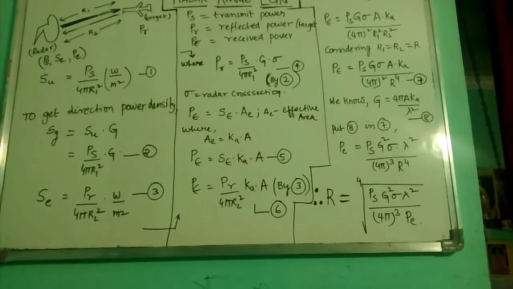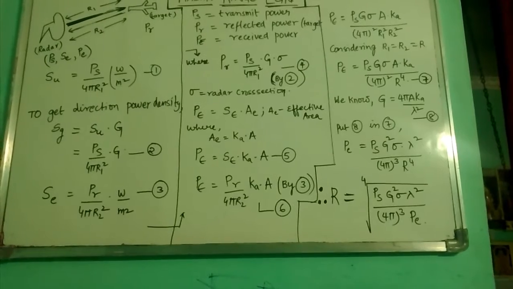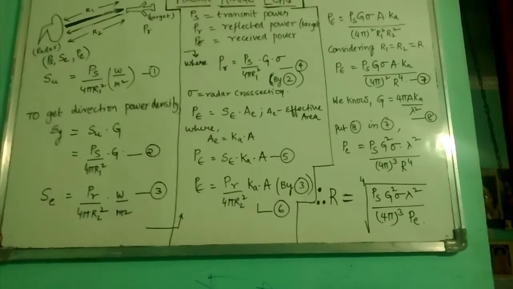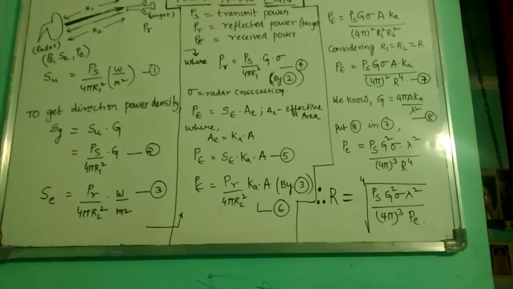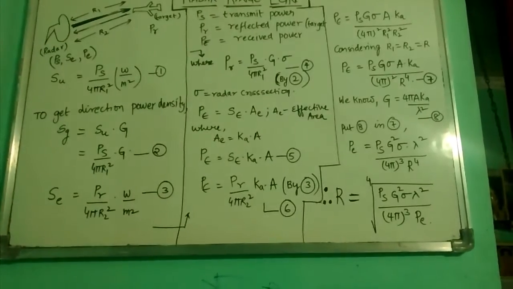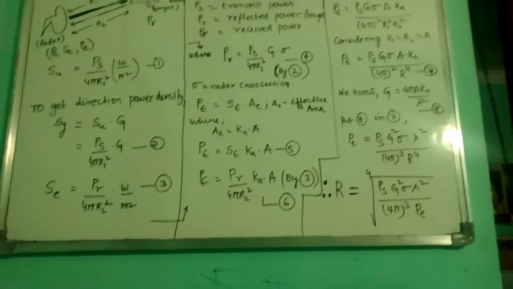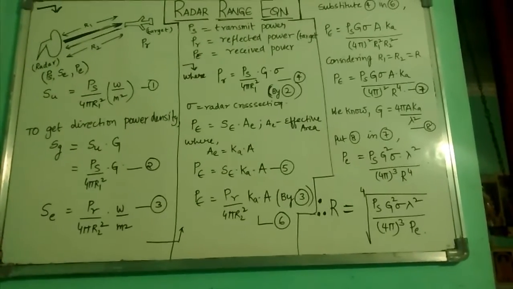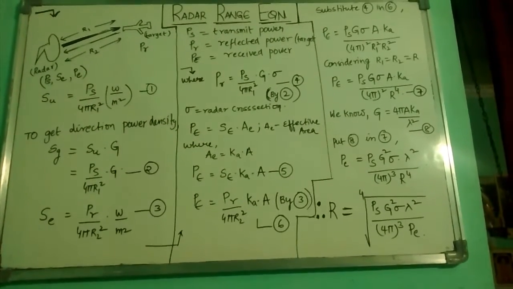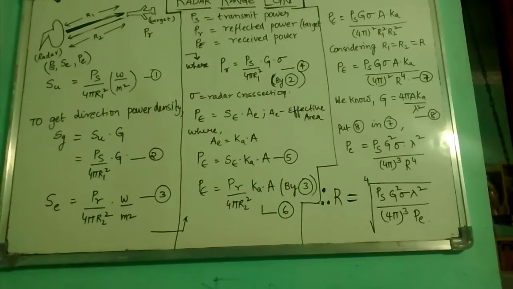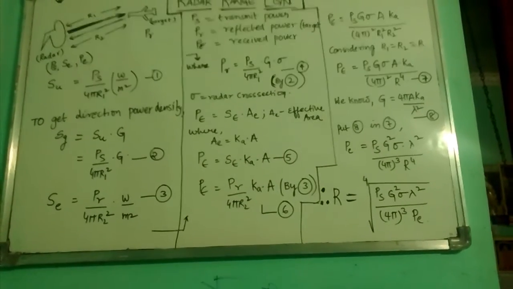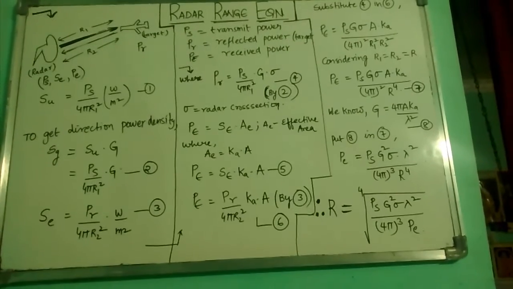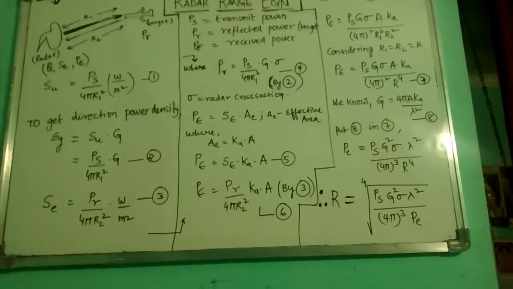As you can see, the first equation is SU equals PS by 4 pi R1 square watt per meter square. As you know, power is measured in watts and area is measured in meter square, where 4 pi r square is the area of a sphere. Why have I considered 4 pi r1 square?